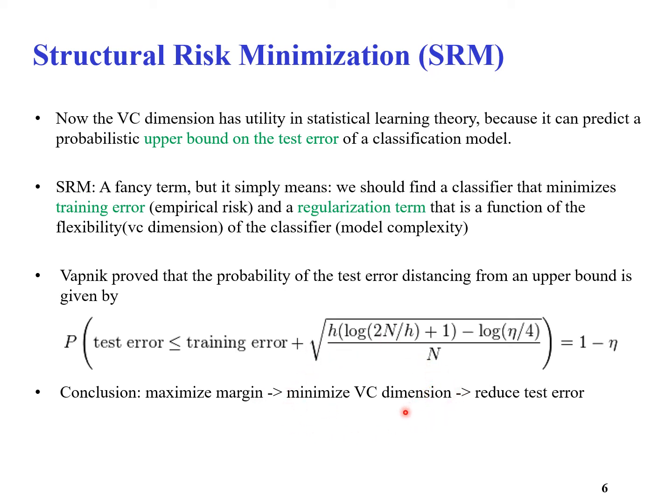Then if you look at this formula, if you minimize Bayesian dimension, it reduces test error. So if you look for a line with a maximum margin, it reduces the test error of the classifier. That's why we are looking for a line with the maximum margin in SVM.